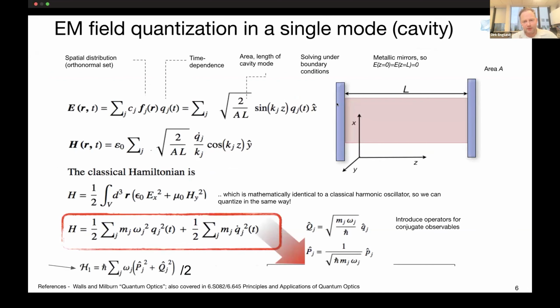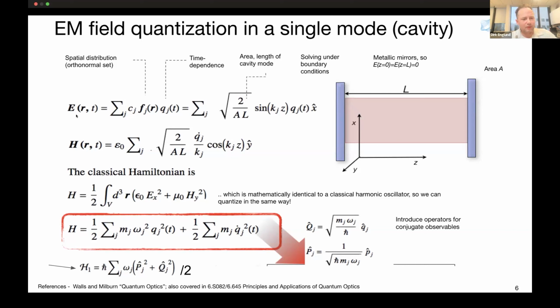So let's begin by considering an optical cavity made up of two mirrors separated by a distance L, as shown here. We have our coordinate system here. This is very simplified. We're assuming that these mirrors are infinitely large in comparison to the wavelength of the optical fields in between, and that the mirrors are metallic, made of conductors. As a result, the boundary conditions on the optical field are that the electric fields at the locations of the mirrors vanish.